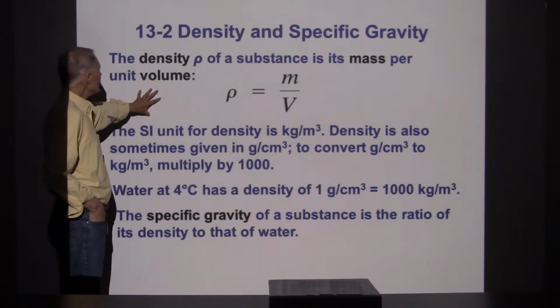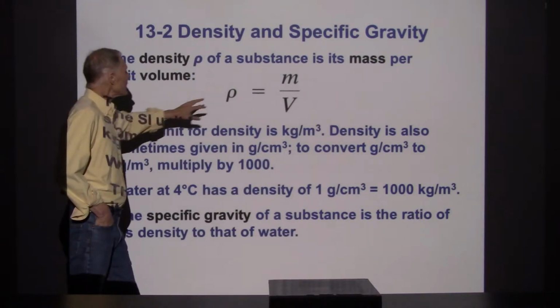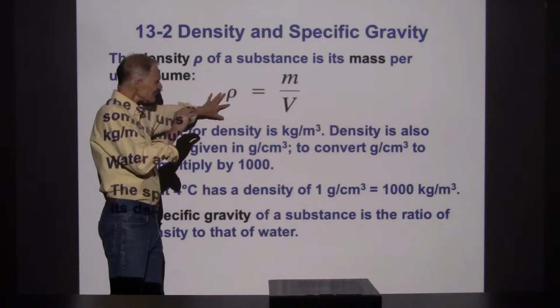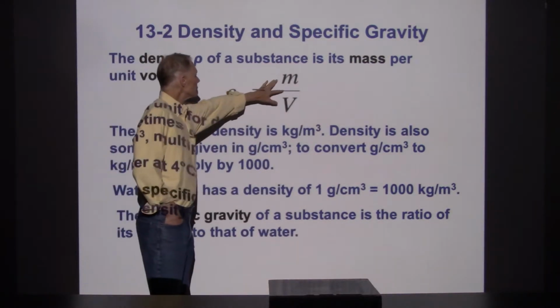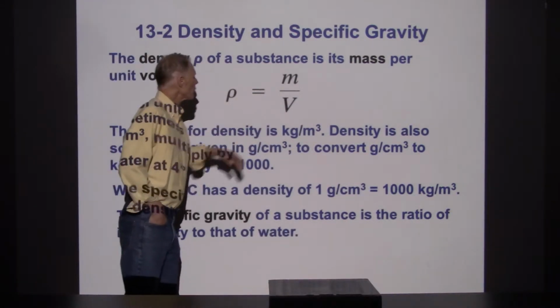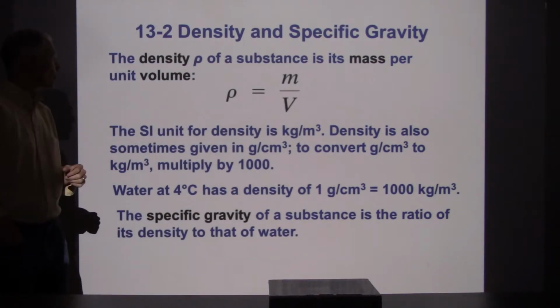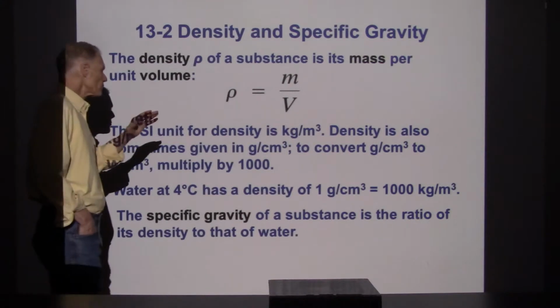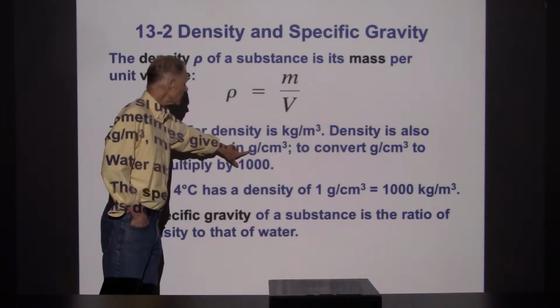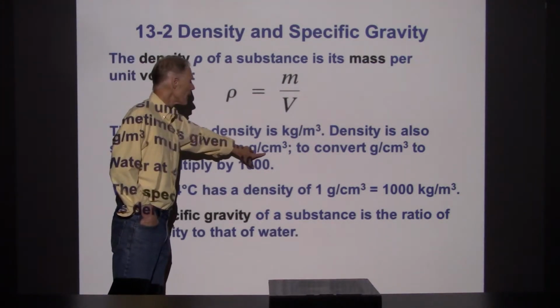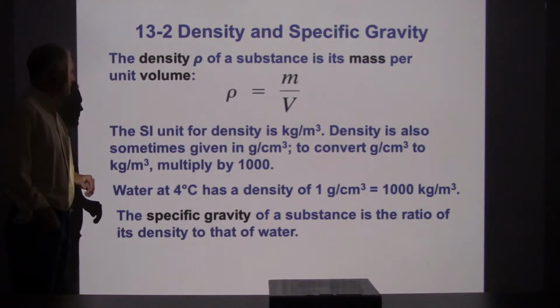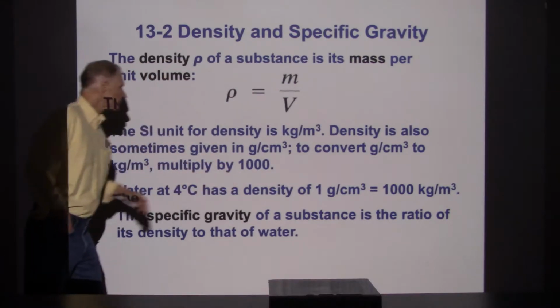The first of those is density. Now, density we've looked at from time to time is defined as mass per volume, and the standard units for density would be kilograms per cubic meter. So density also, it's going to be useful to write these densities as grams per cubic centimeter. Those are handy too, and there is a factor of 1,000 between those.